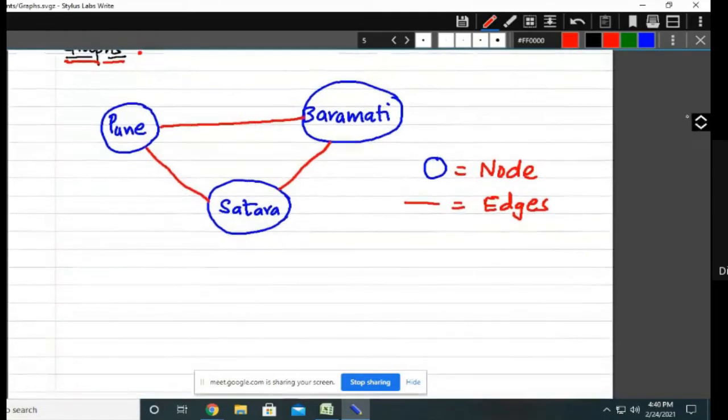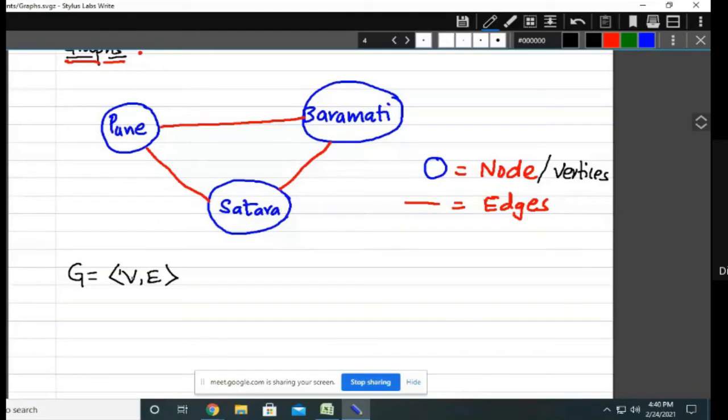But when you define a graph, how do you define it? You say that graph G is equal to a set of vertices and edges. V is nodes, or some of the time it is also called vertices. So G is a non-empty set of vertices and a non-empty set of edges. In this particular example, what vertices do we have? We have Pune, Baramati, and Satara.